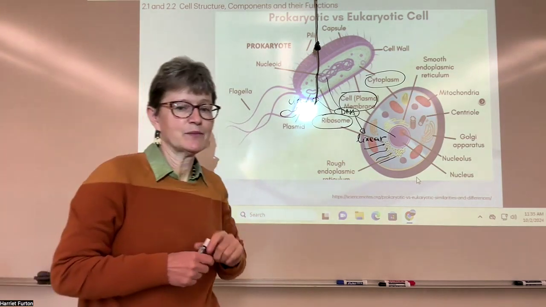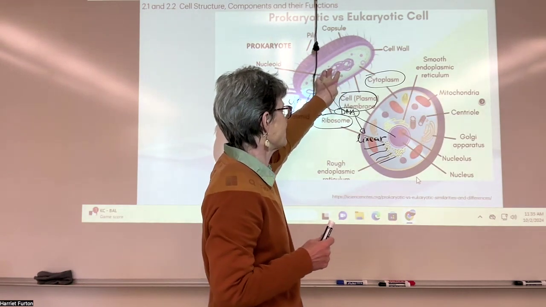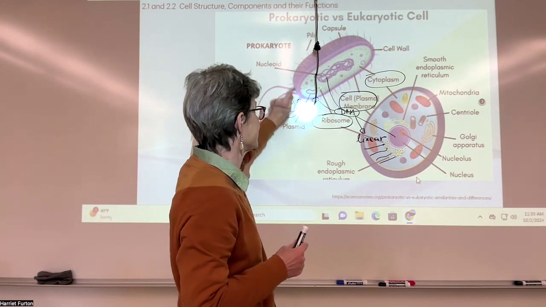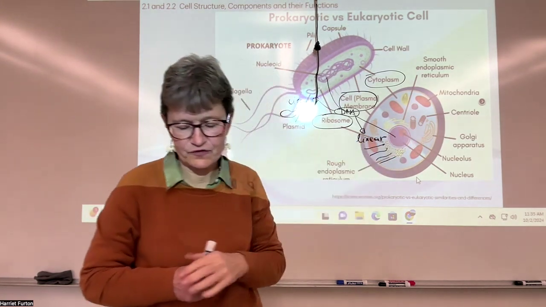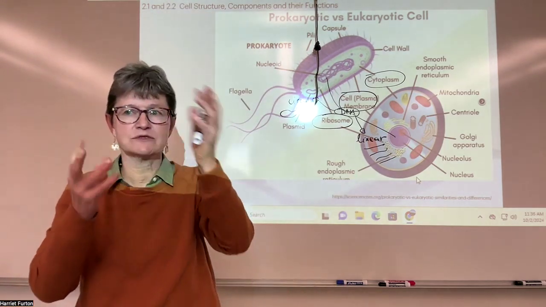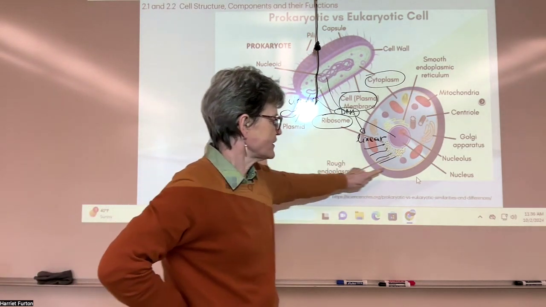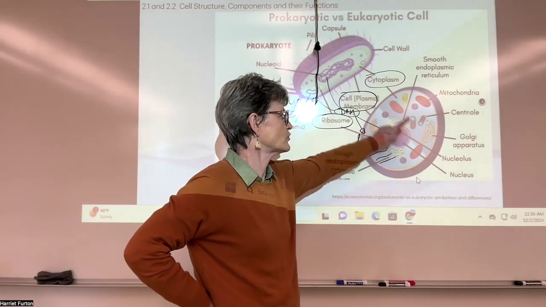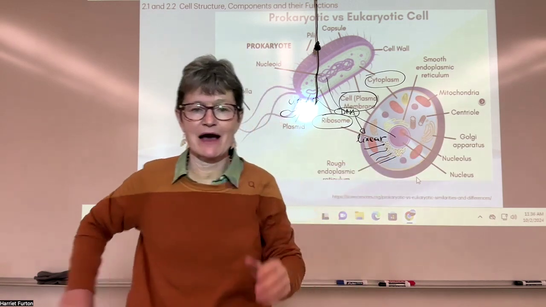It will be important later on. Now, the DNA is really separated from the cytoplasm in prokaryotes in the nucleoid region, but it's not enclosed in a membrane-bound shape. The eukaryotes, what makes them eukaryotic organisms, is that many of their organelles are membrane bound.